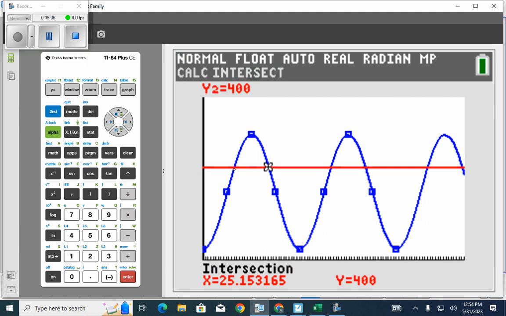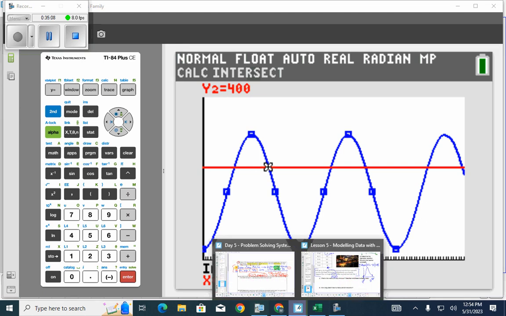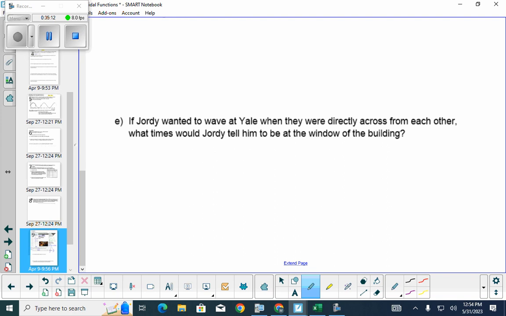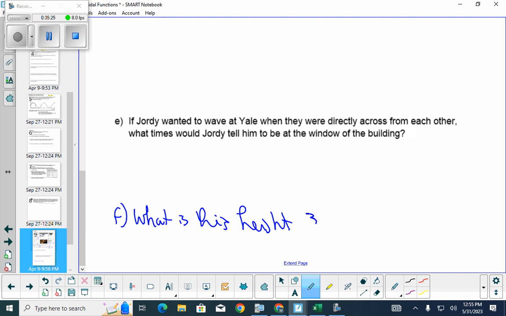Okay, part F, I want you to write this. What is his height 30 minutes into the ride?